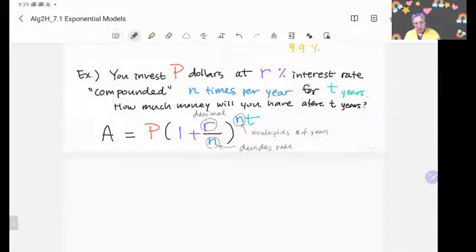That goes with the time, right? Then this one indicates the first time, before the time passes. This is the principal amount. And then what is this? This is the current amount.